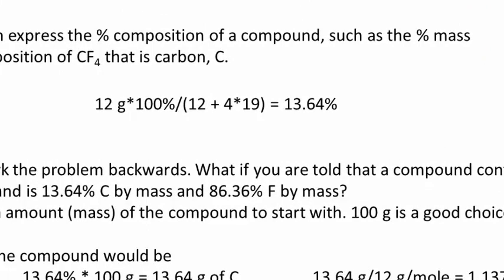And then if we divide that by the total molar mass, which would be the mass of 12 for carbon plus 4 times the mass of 19 for fluorine, and then multiply by 100% to convert it to a percentage, we would see that carbon tetrafluoride is 13.64% by mass carbon. And of course, the rest of it, the 86.36%, must be fluorine.